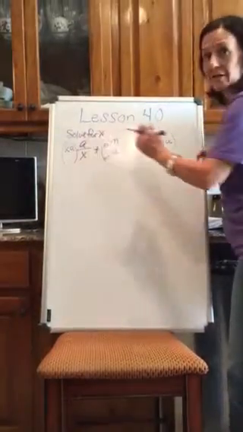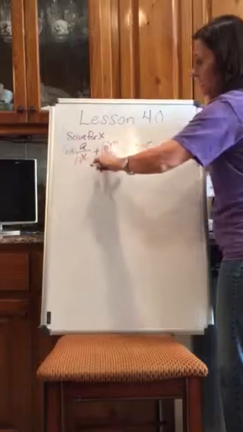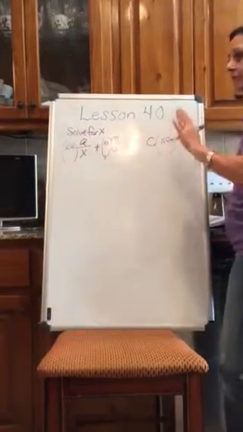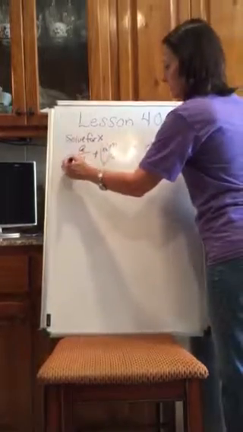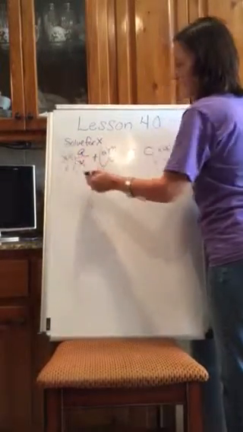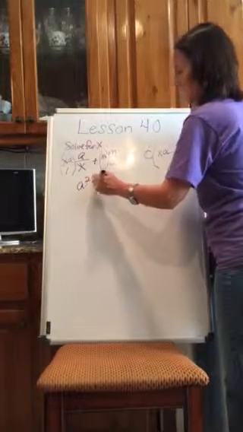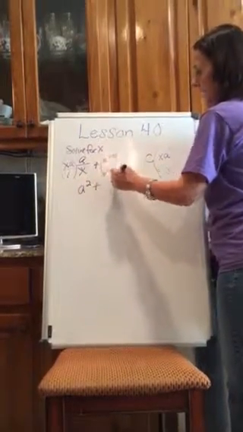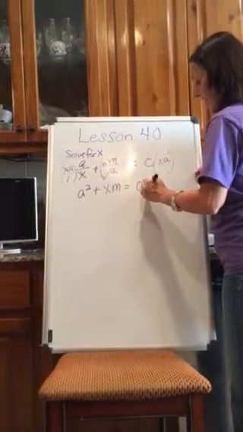Otherwise, you change the value of the equation. I'm just multiplying by some number, but I have to multiply every term to maintain equality. This is really just over 1. My x's eliminate, and I end up with a squared plus, my a's eliminate, xm equals cxa.